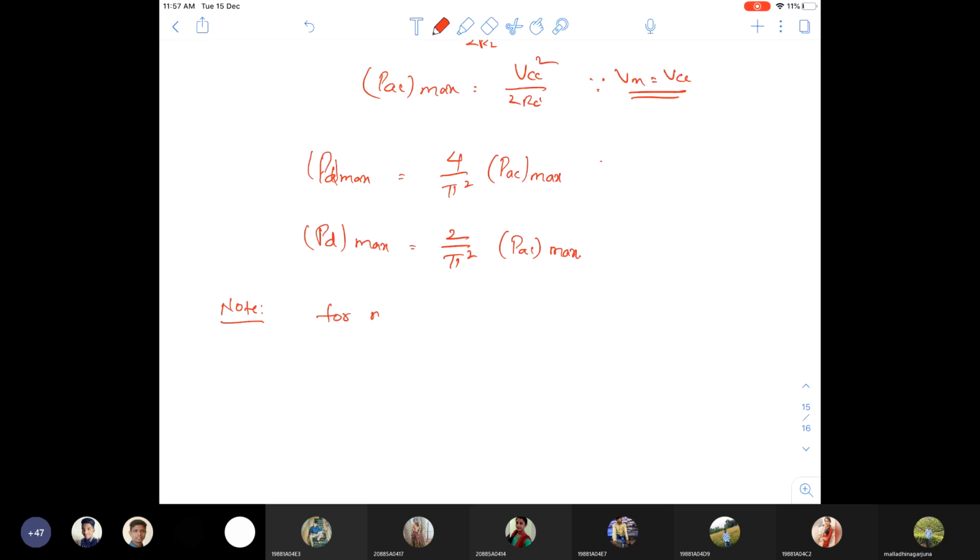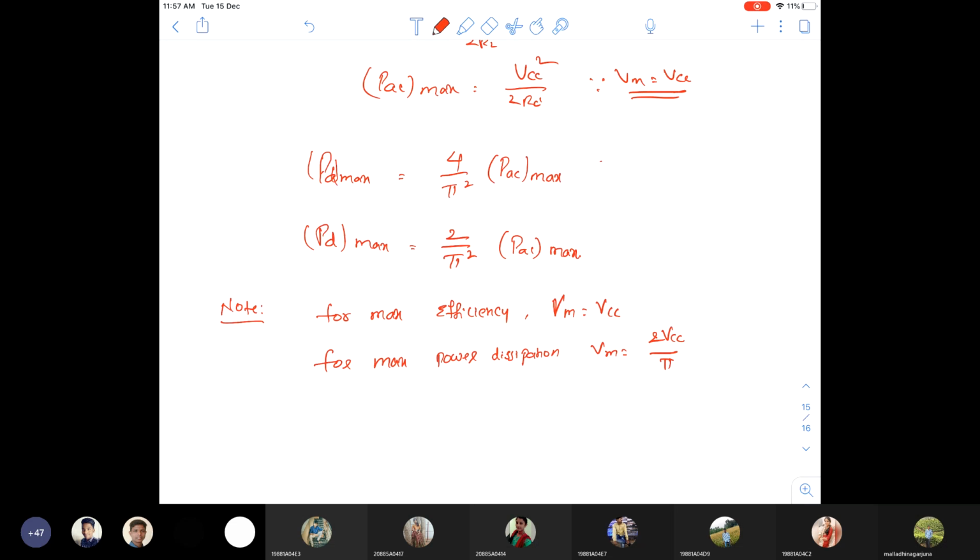ఓకే, సో నోట్ పాయింట్. For maximum efficiency, Vm is equal to VCC. For maximum power dissipation, Vm equal to 2 VCC by pi.